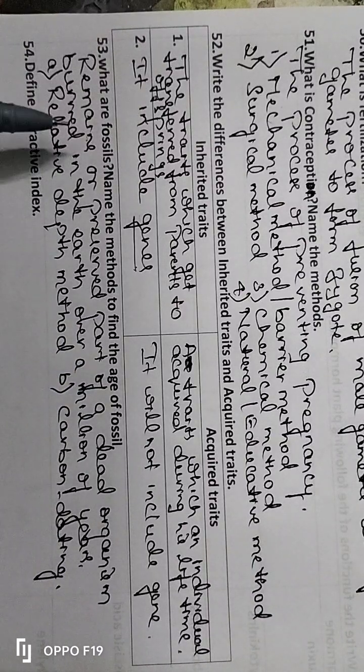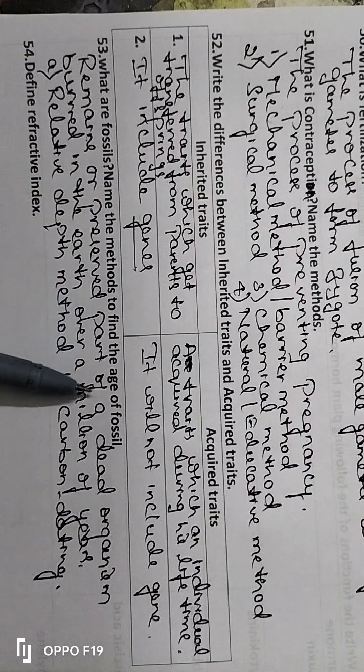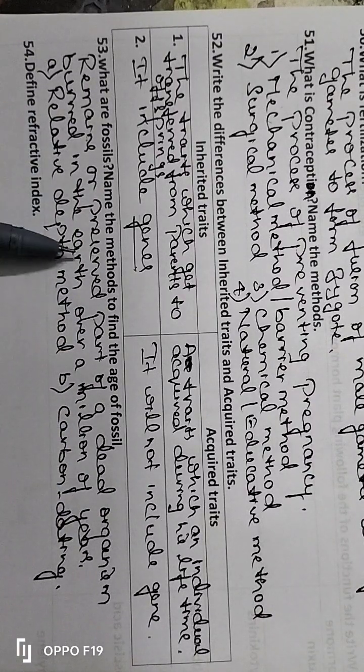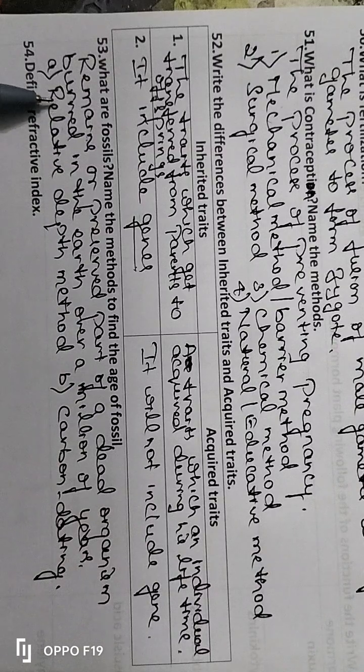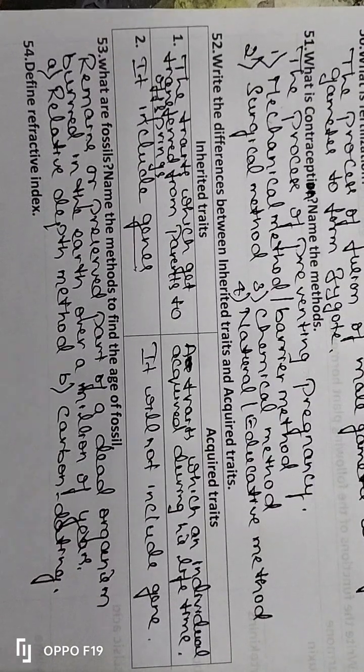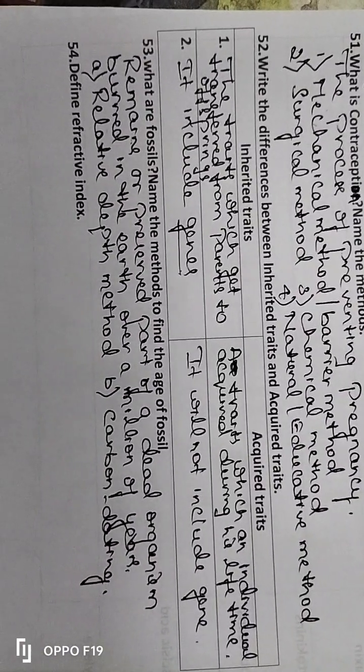What is a fossil? The remains or preserved part of a dead organism buried in the earth over a million years. Which are the two methods used to find the age of fossil? One is relative depth method, another one is carbon dating.